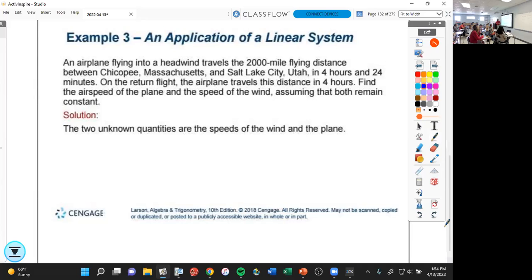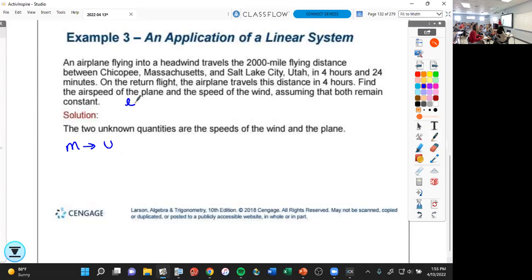Positive or negative? I hope so. So we're going from Massachusetts to Utah. So we've got the speed of the plane. Four hours, 24 minutes. Okay, how fast is the plane going?